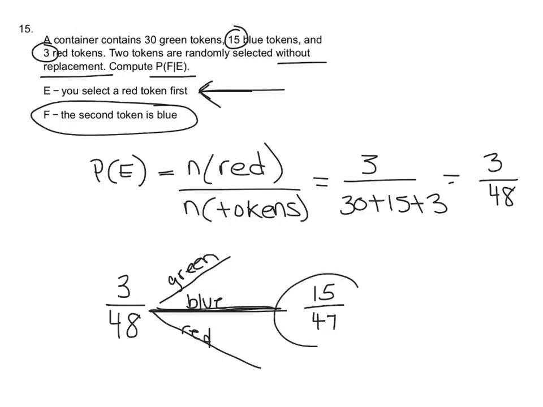And this is my final answer because I included the condition of selecting a red token first. So the 15 over 47 represents the probability of selecting a blue given we already selected a red without replacement.